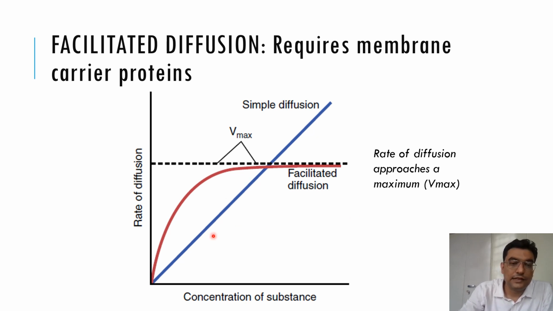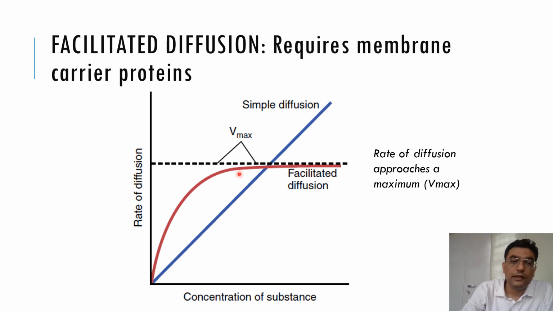As you can see in this graph, in simple diffusion the rate of diffusion increases as the concentration of the substance increases. In facilitated diffusion, which requires carrier proteins, the rate of diffusion also increases as the concentration increases, but a time comes when it reaches the maximum limit.